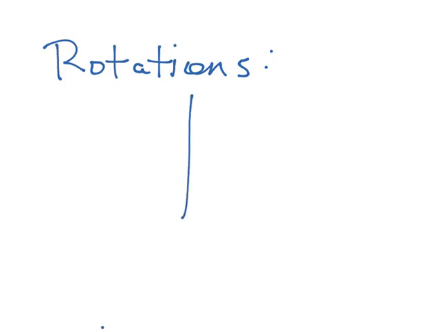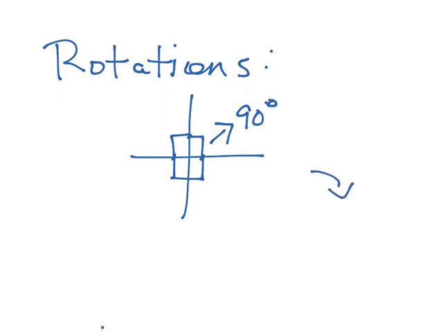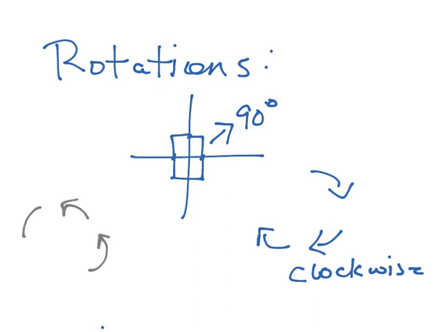So for rotations, you need to know what your 90 degrees is. So each of these are 90 degrees. And you also need to know your clockwise, so either clockwise or going in the opposite direction, and that's counterclockwise.